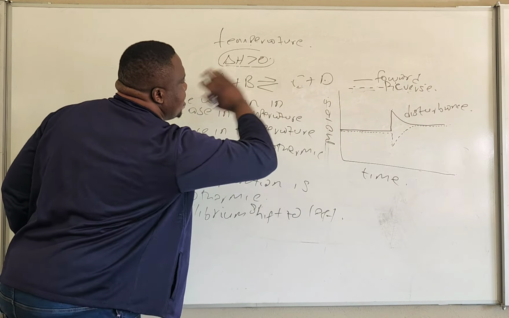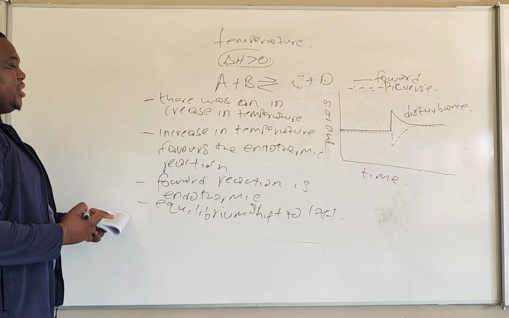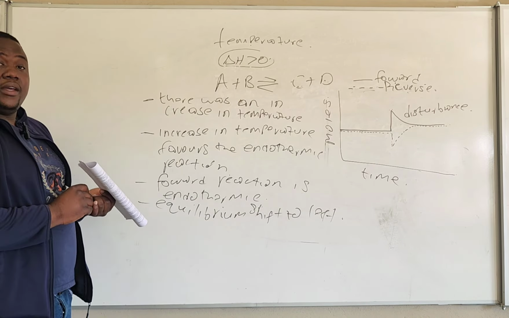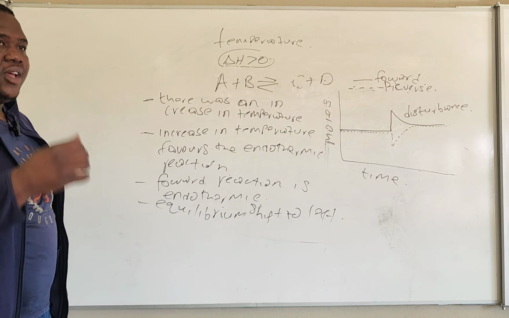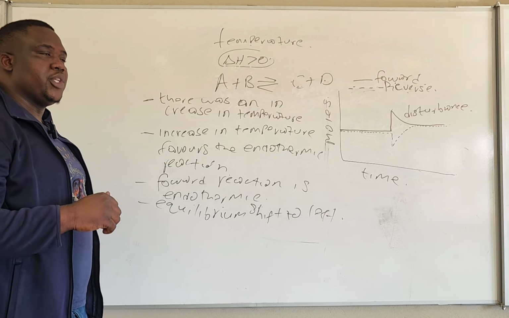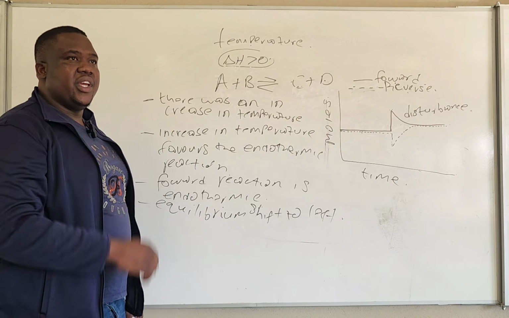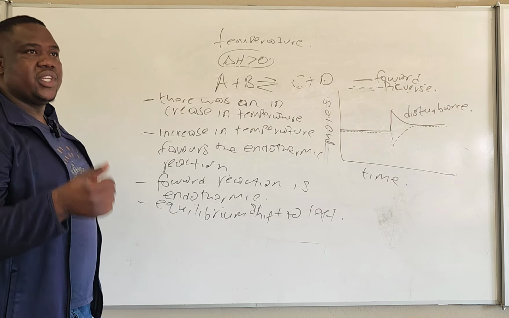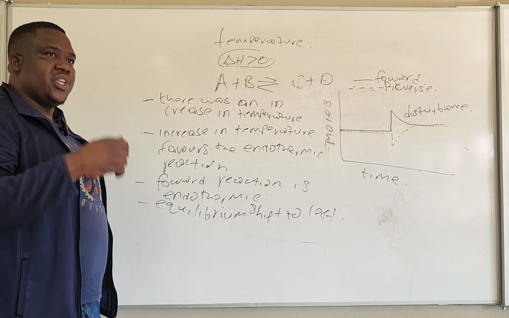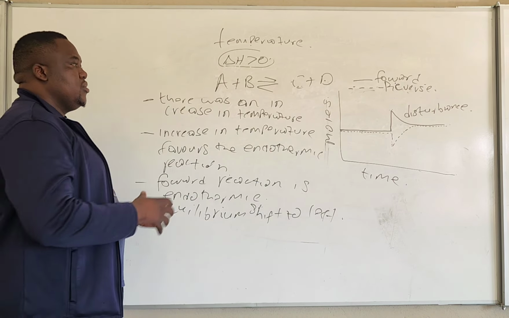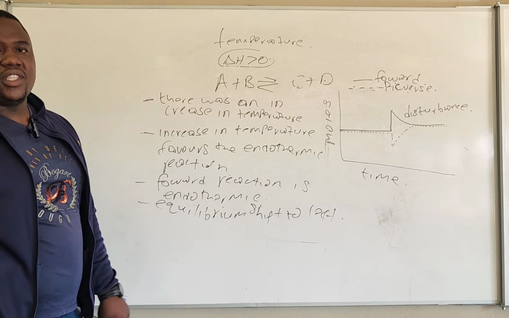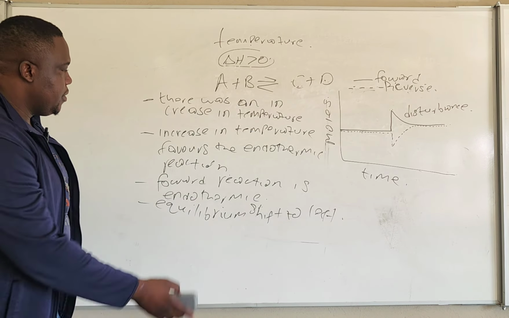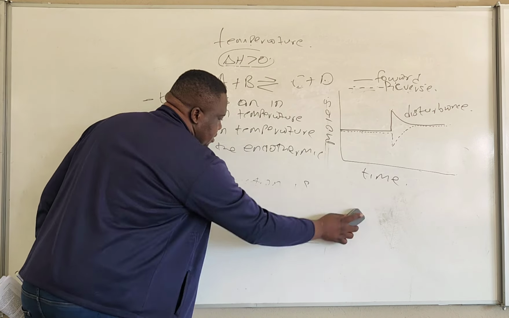Equilibrium will shift that side, it will favor that side. When they say use Le Chatelier's principle, you need to indicate which reaction is being favored between the two, whether it's the forward reaction or the reverse reaction. Okay, thank you very much.